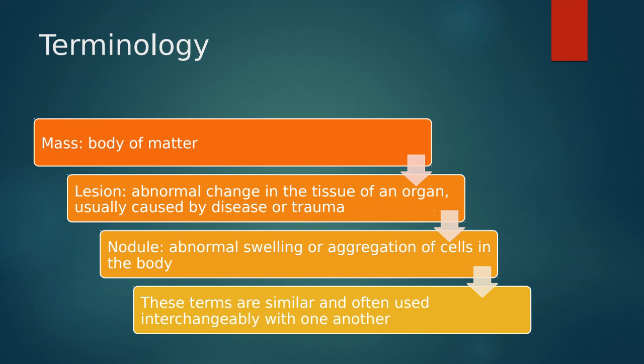This does not need to be in a particular organ or organ system. We can see nodules everywhere. So again, depending on where we happen to find this finding, we would term that a nodule. Very similar to each other, they do have their slight differences. So depending on where we're looking, depending on where we see something, we may use a lesion versus a nodule.